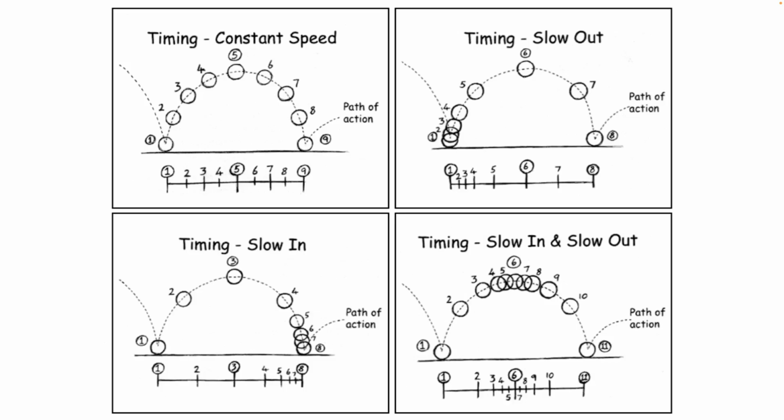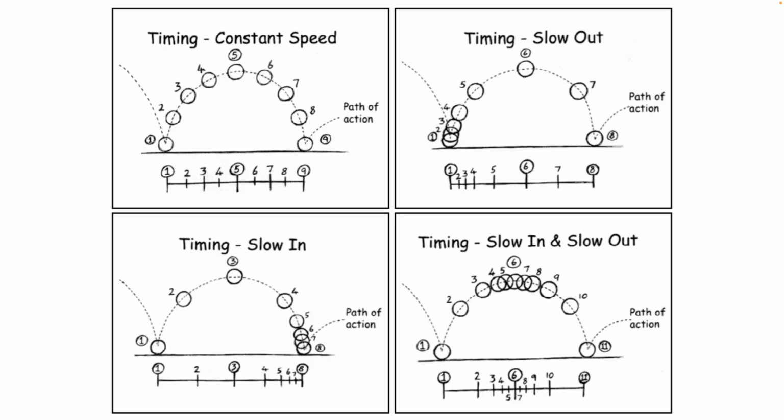If you draw a lot here in the beginning and then space it out, that means they go very slow at first and then speed up. The opposite is also true. If you space them out so they go very fast and then slow down. And in the middle they slow down. So it's fast, slow, and fast.